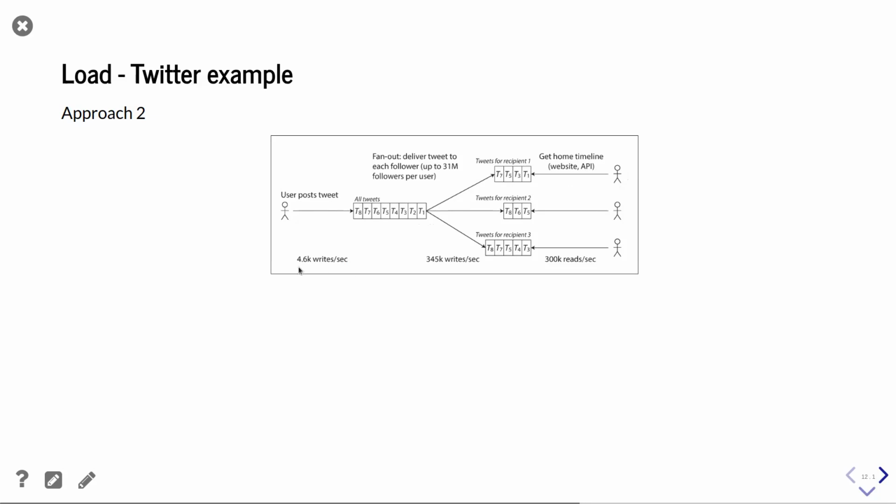If you have, say, 5K tweets per second, and each person has, let's say, 100 followers, then there could be 500K writes in total.